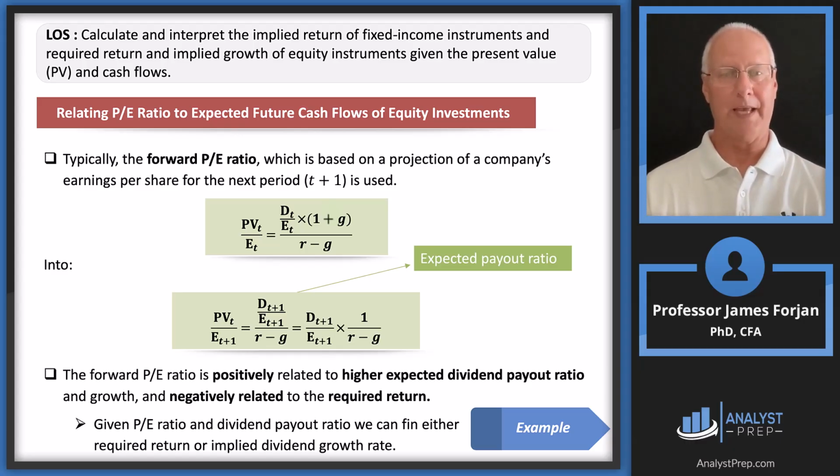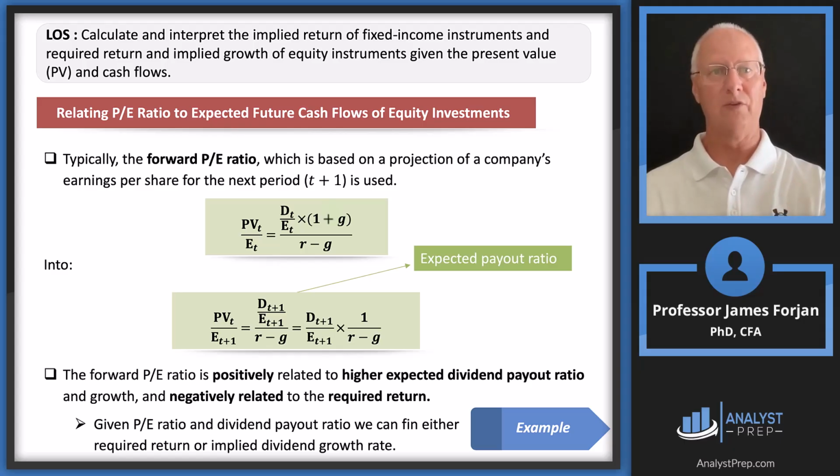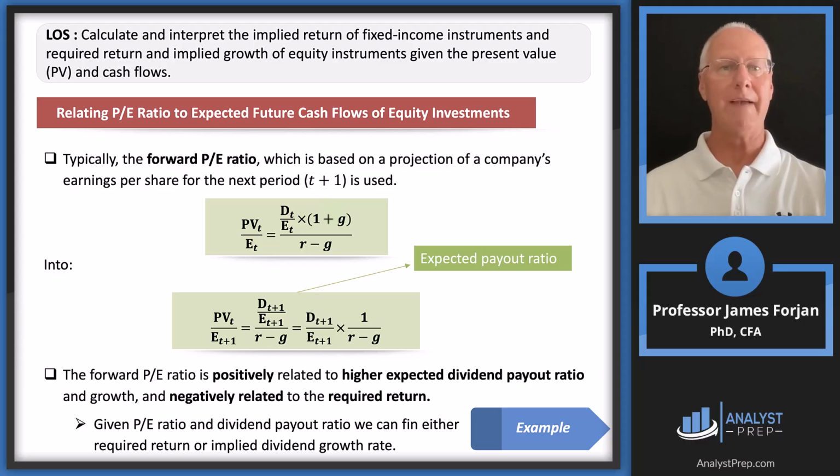Now, we can look at the current PE ratio based on current dividends and current prices. But it's even more appropriate as a good analyst to look at a forward PE ratio. So notice that first block point up there, which is based on a projection of the company's earnings per share. So what are we doing as good financial analysts?